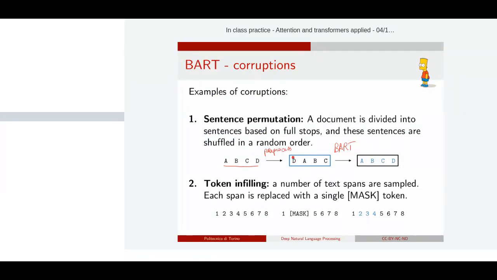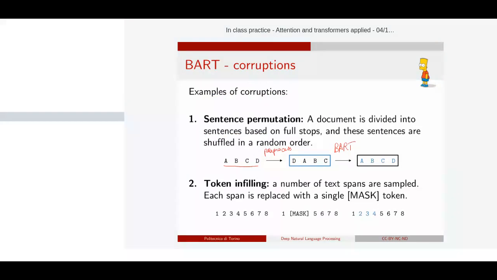In the case of sentence permutation, I split the document into sentences and randomly order them to create the new input example. So I have A, B, C, D as sentences. I produce an altered version of this by using D, A, B, C, and the model should be able to produce again A, B, C, D, putting the sentences in the same order.